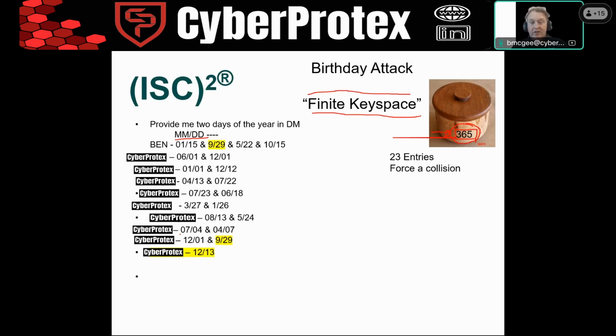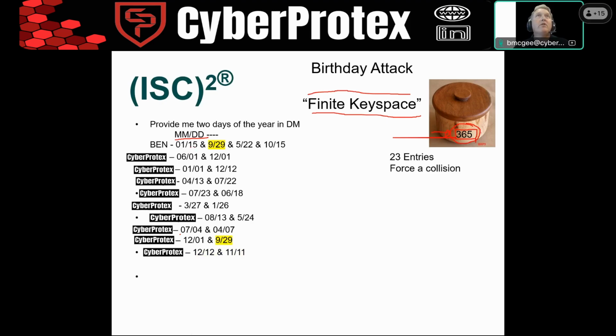So what we just did there is we just forced a collision. We proved the concept that I was just talking about with the birthday attack. After 1, 2, 3, 4, I'll highlight it up here so you guys can see it.